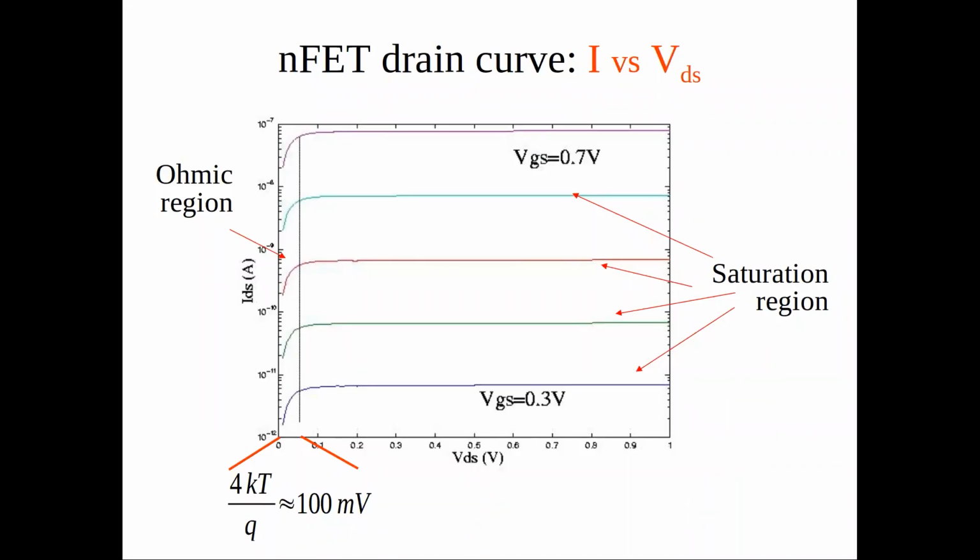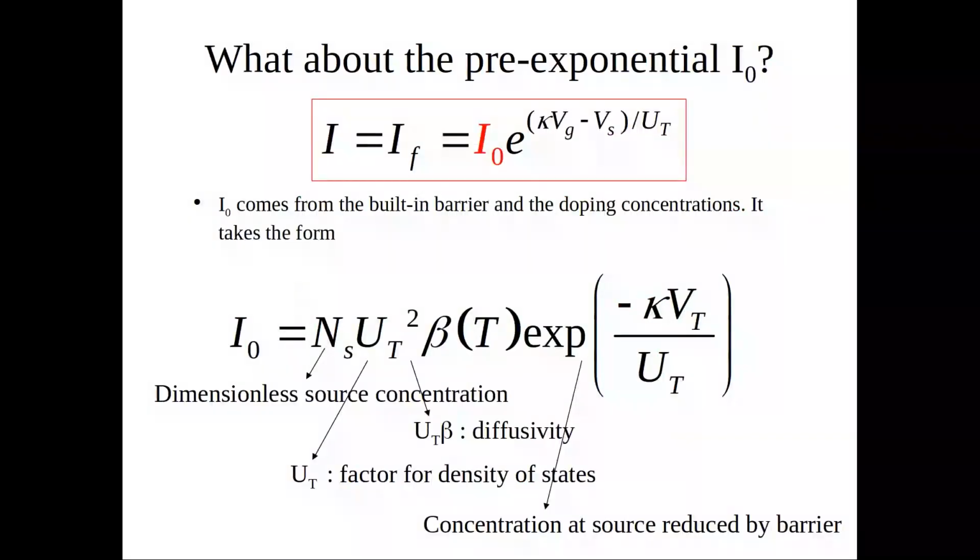If your VGS is below the threshold, you're in subthreshold, and if your VDS is above 4 UT, you're in saturation. And you can use the very simple equation that the output current I is equal to I0 e to the kappa VGS. Someone was asking about I0. Here's the full thing about where it comes from.